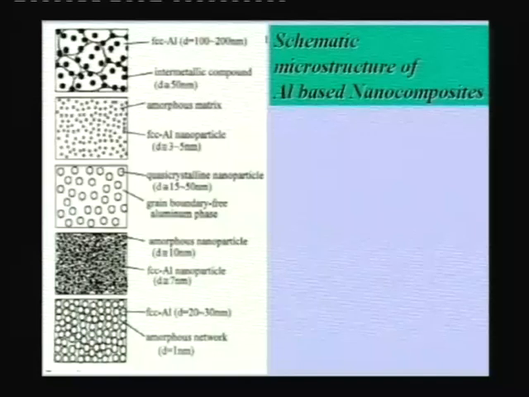For example, we know in every system there is a solubility limit at room temperature, beyond which under equilibrium conditions a precipitate is supposed to come out, and in most systems, particularly aluminum based systems, the solubility is very much restricted at room temperature. Even in aluminum copper, the solubility at room temperature is very low, 0.5 or something like that, and in most other aluminum alloys it is very restricted, and even the maximum solubility is very small in many aluminum alloys.